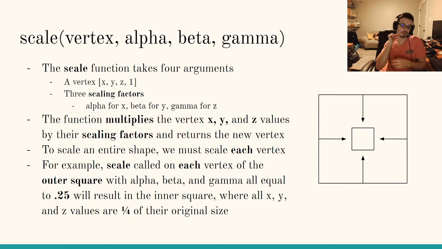So for example, if we pass all of the vertices one by one into this function for the square on the right hand side of the screen, and give each vertex an alpha, beta, gamma of 0.25, then every vertex's x, y, and z will be scaled down to 1/4 of its original value, and we'll get that smaller square that lays in the middle.